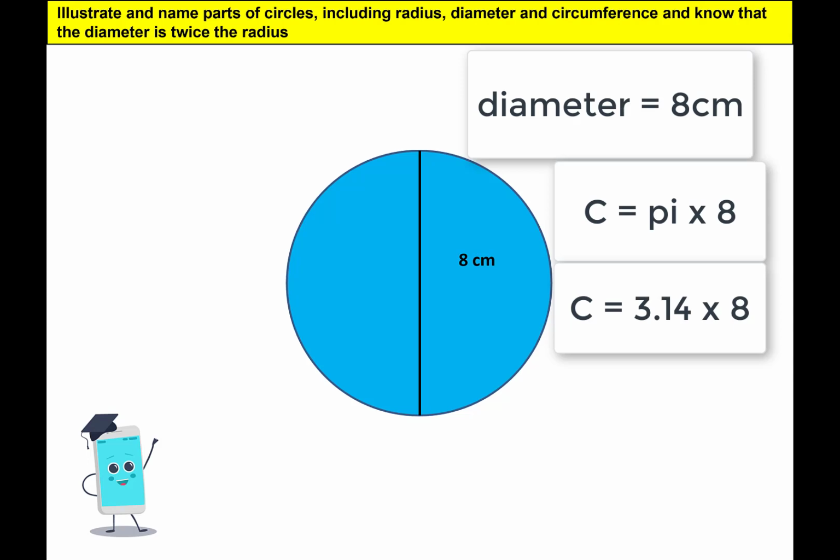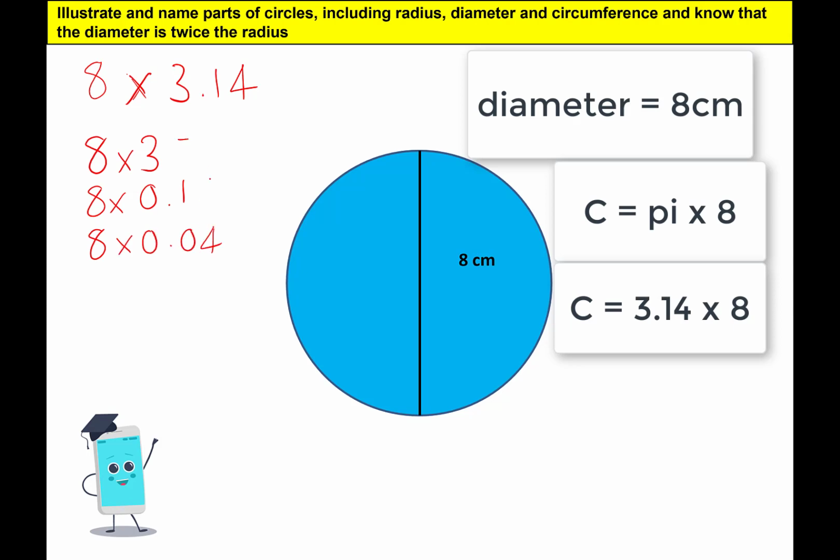I'm going to show you first of all, if I was going to do 8 times 3.14, I might partition it. I might do 8 times 3, 8 times 0.1 and 8 times 0.04.